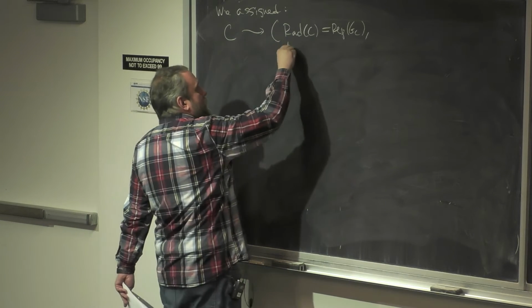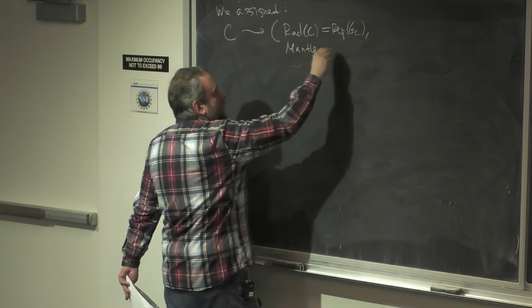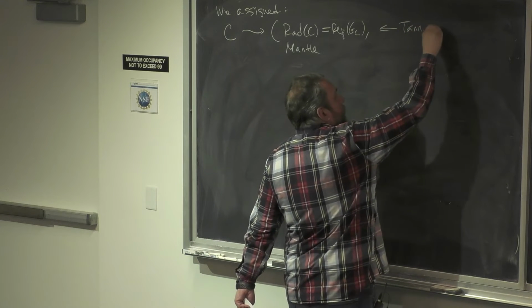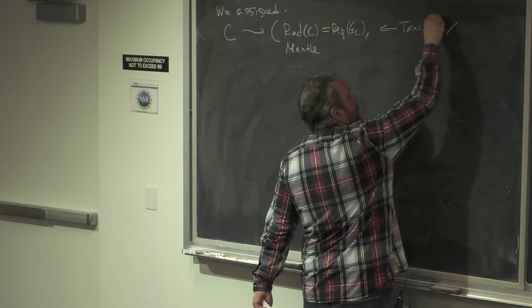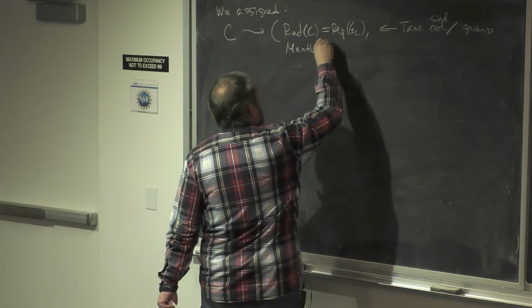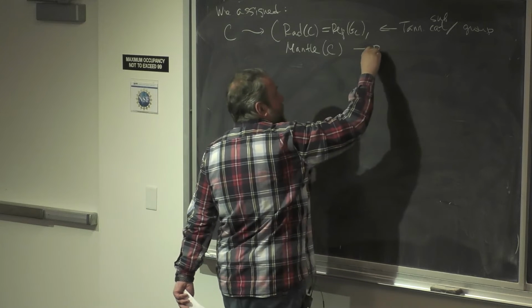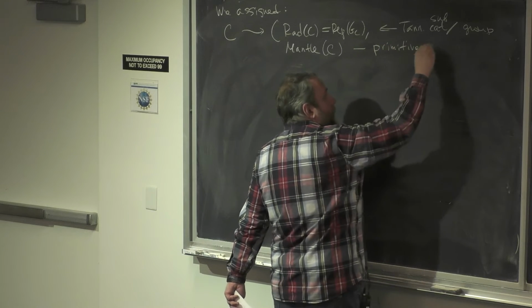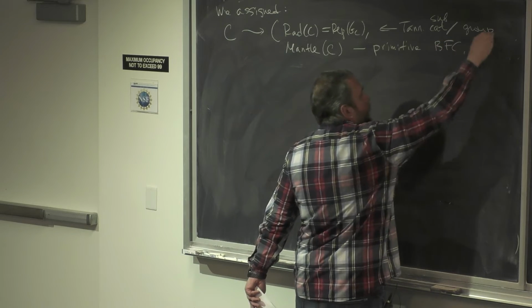We assign the mantle, a Tannakian subcategory. We have a mantle of C, which is a primitive braided fusion category.